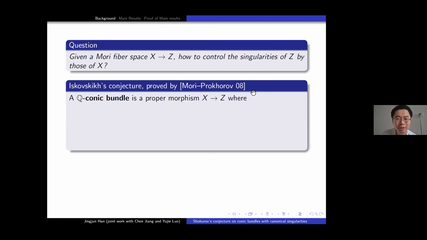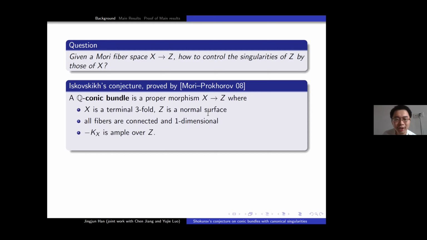The Iskovskikh conjecture is about Q-conic bundles, and it predicts that the singularities of Z could be controlled by the variety X. Let's first introduce the definition of a Q-conic bundle. A Q-conic bundle is a proper morphism from X to Z such that X is a terminal threefold and Z is a normal surface.